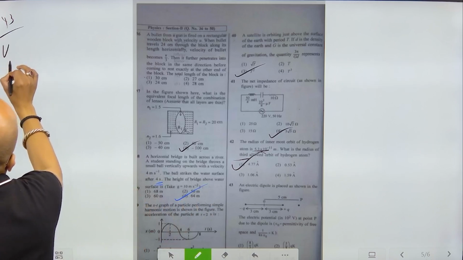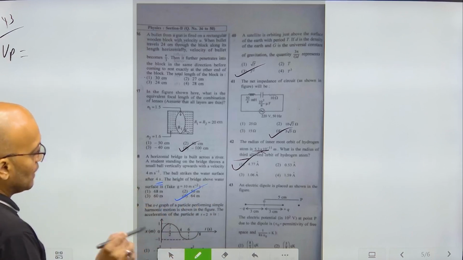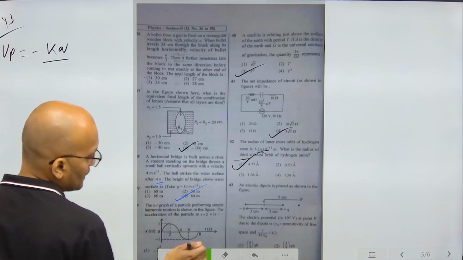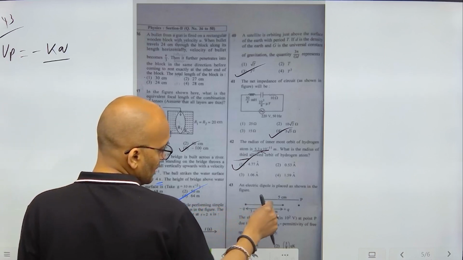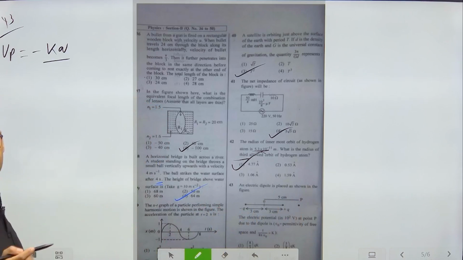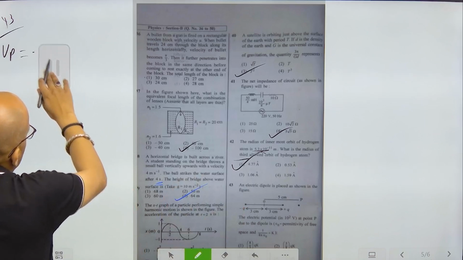So at P it will be, for minus q, minus kq on the distance. See, this much distance will be 3 and this is 5, so 8, right? And this is positive. First let's write positive.